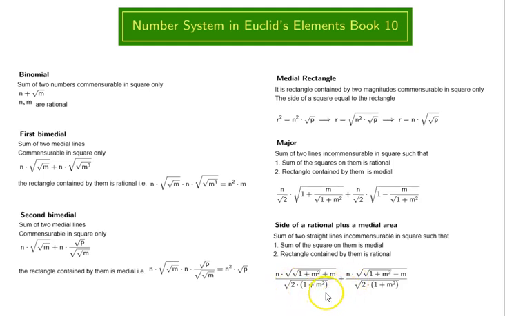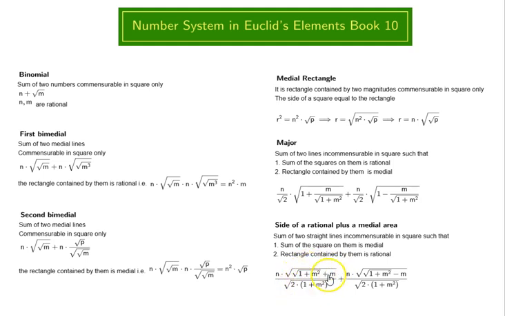They are incommensurable in square. So take the square, we end up with n square and n square. Root 2, if we separate it out, we end up with 2 when we square it. So n by 2, n by 2. That's okay.